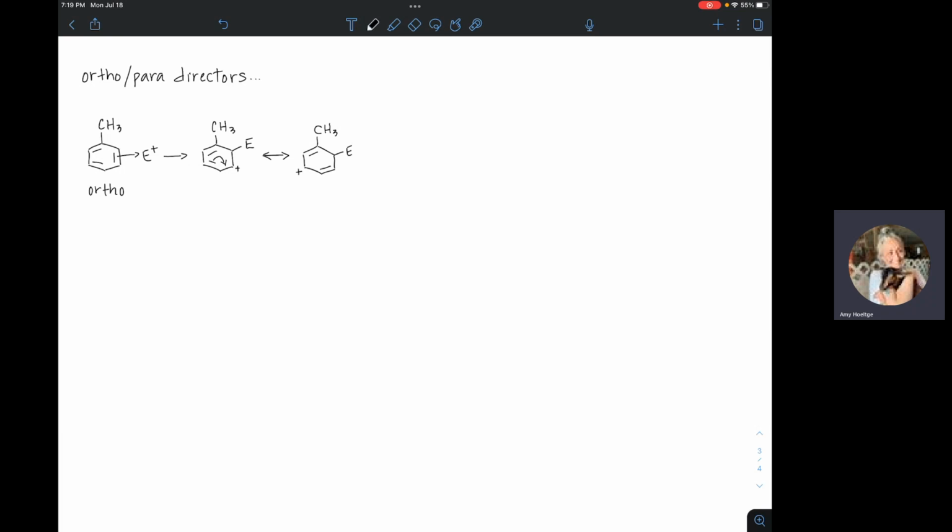I can do that again to get another resonance structure. Still the electrophile is there. Nothing happened here. So these are my possibilities. These are my contributing resonance structures.